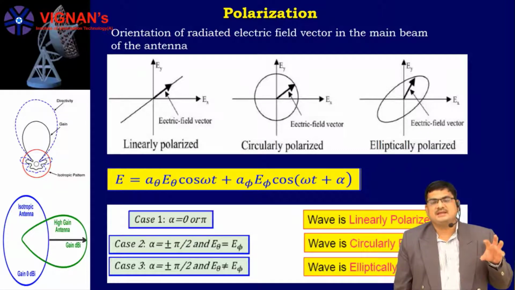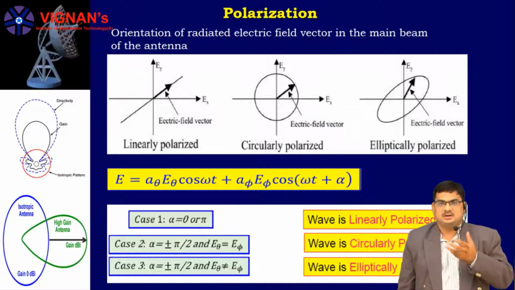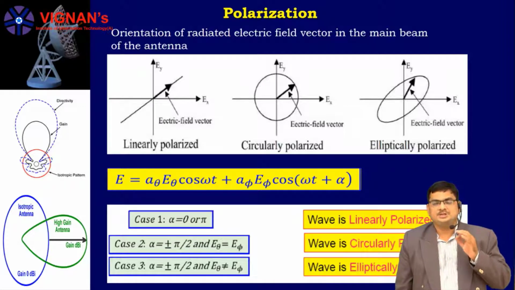If the electric field vector direction is anti-clockwise, it is left-hand polarization. For circular polarization, we can define it using the axial ratio. What is the axial ratio? It is the ratio of the major lobe axis to the minor lobe axis. For circular polarization, the axial ratio is equal to 1.